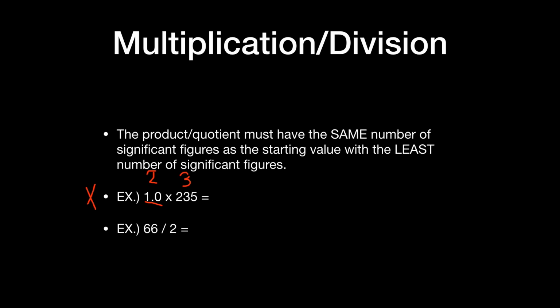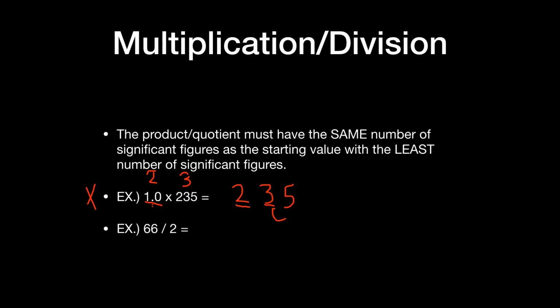So when I plug this into the calculator, 1.0 times 235 is 235. Now that value has 3 significant figures, but we need to have 2 because this value right here only has 2. So we need to do a little bit of rounding here to get this to 2 significant figures. I know that I want these 2 front numbers to be my Sig Figs, so I'm going to look at this 5 here.